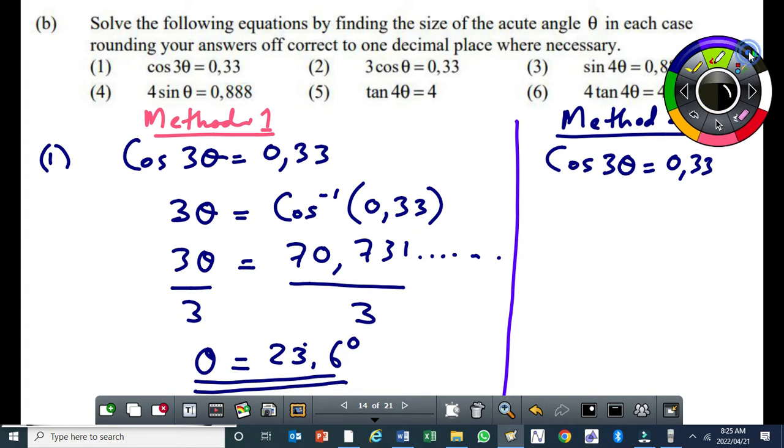In this case, we assume that we have a problem with understanding this. Therefore, you can say let x be equal to 3 theta. We are introducing a new variable. Let x be equal to 3 theta.